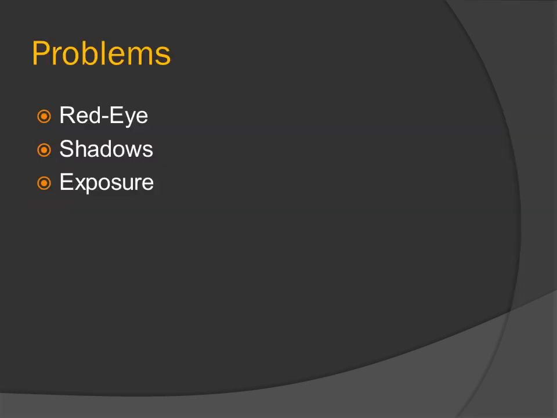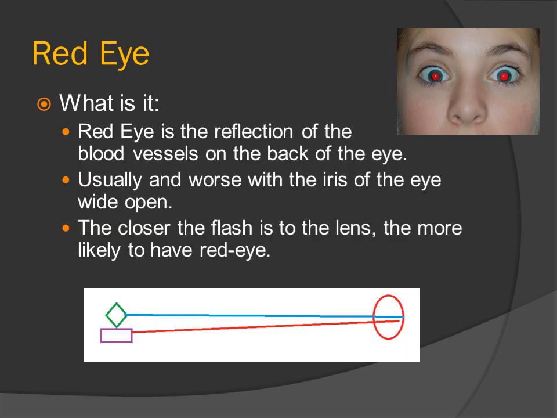Problems: red eye, shadows, exposure. Red eye. Look at the picture on the top right. What is it? Red eye is the reflection of the blood vessels on the back of the eye. It is usually worse with the iris of the eye wide open. The closer the flash is to the lens, the more likely you are to have red eye.